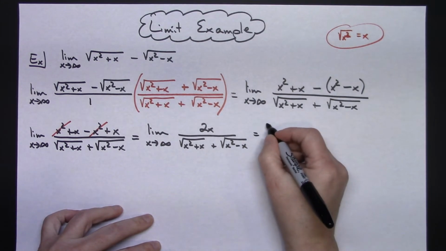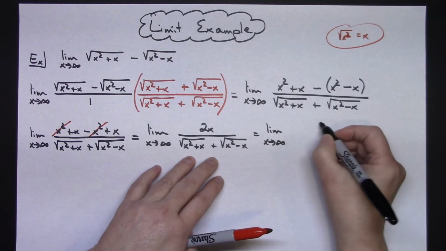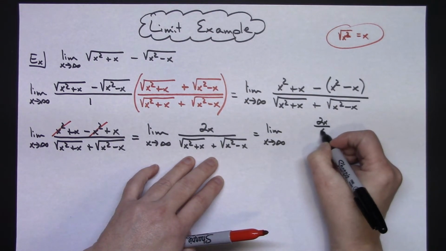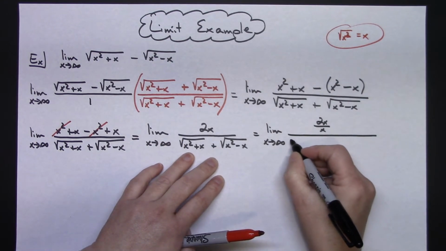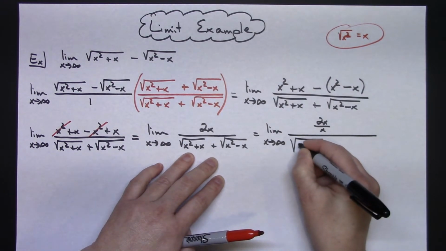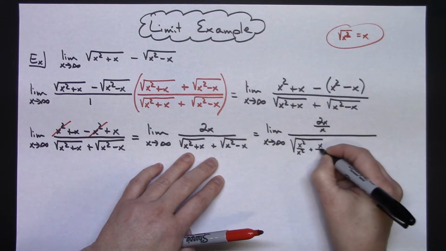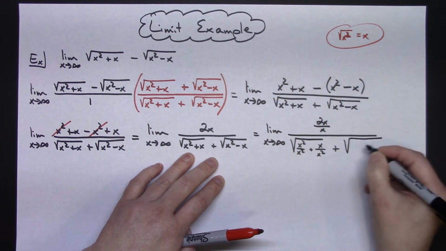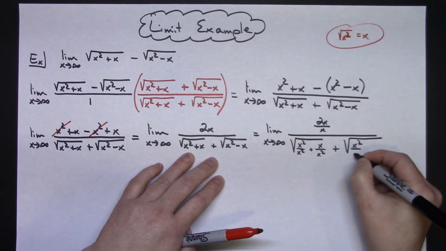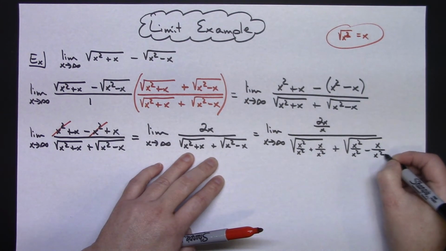So the limit as x approaches infinity of 2x over x in the numerator, and in my denominator, same thing here, I'm going to go square root of x squared over x squared plus x over x squared, plus the square root of x squared over x squared minus x over x squared.